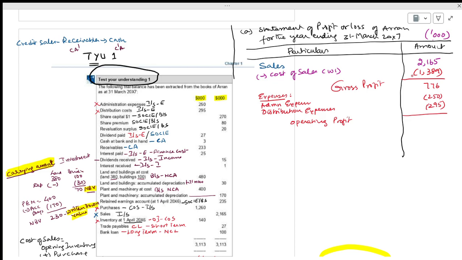Total expense is 545. No, my dear, you have to do 776 minus 250 minus 295. 231.